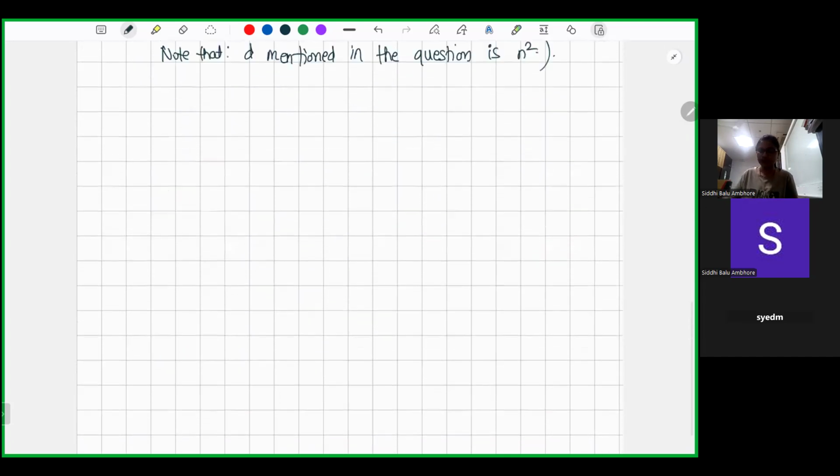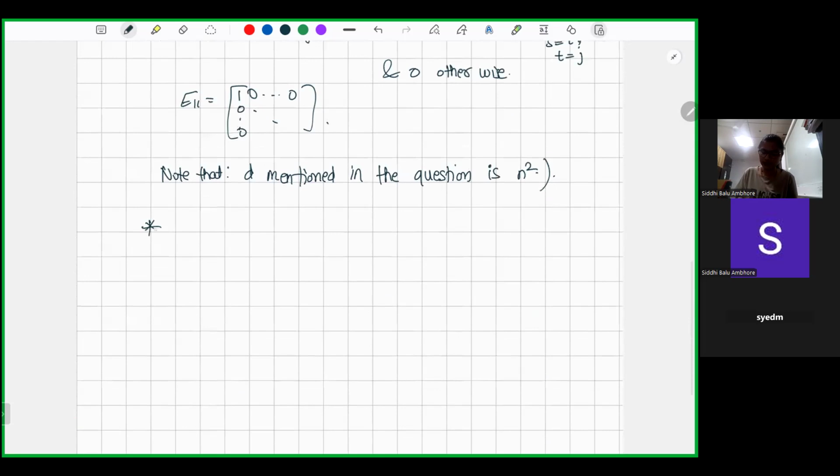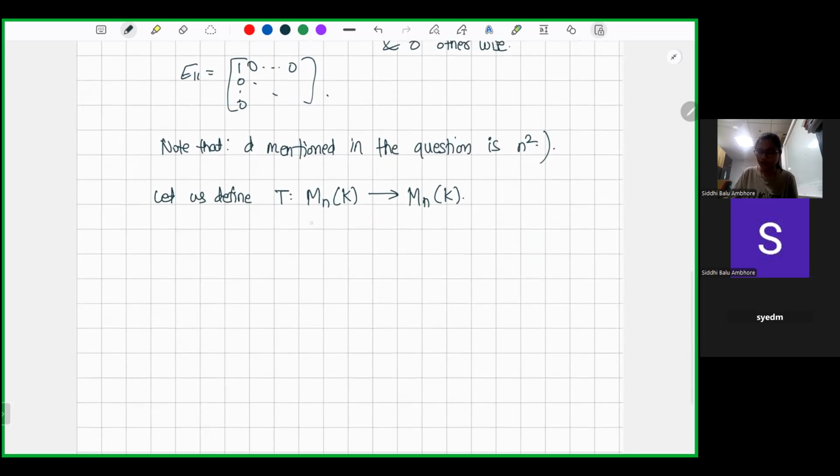So we do it using some different kind of method. Suppose we define this transformation. Let us define T from M_n(K) to M_n(K), such that A goes to A transpose.